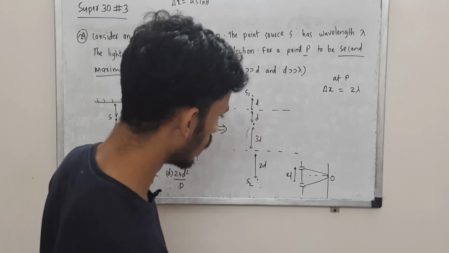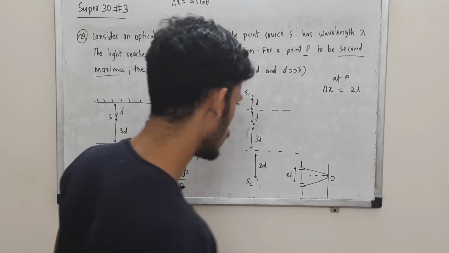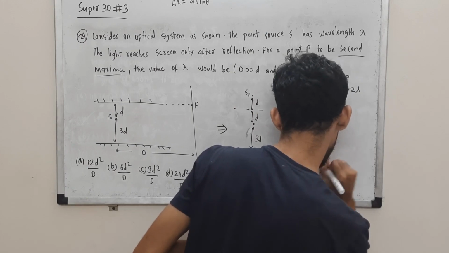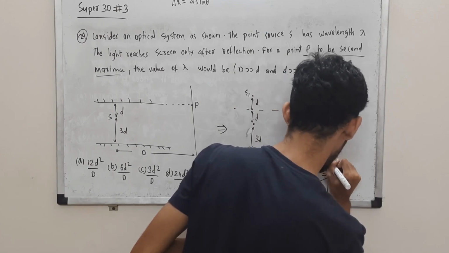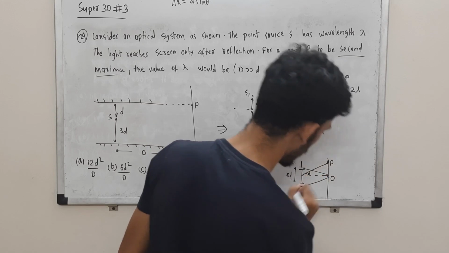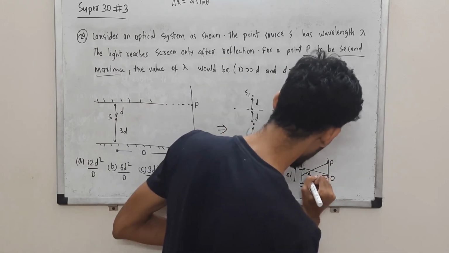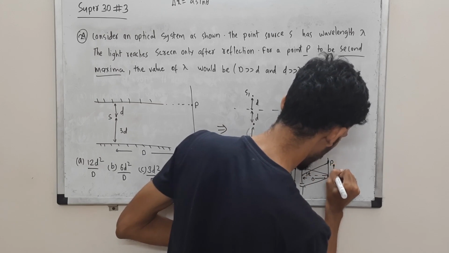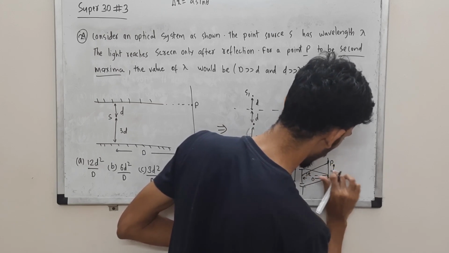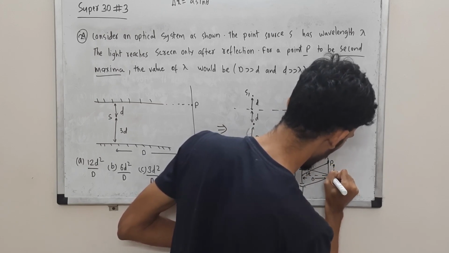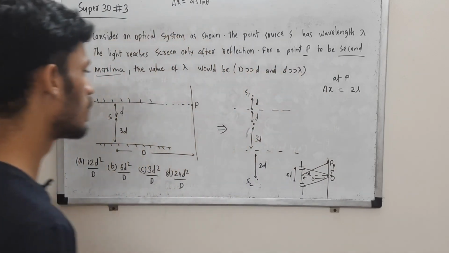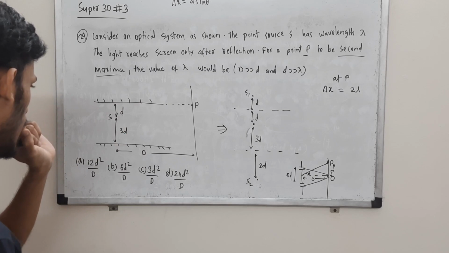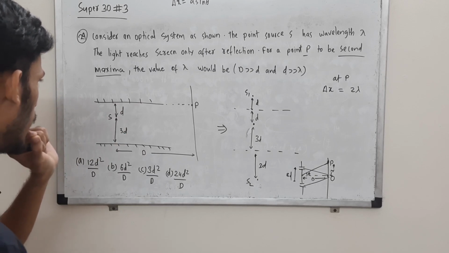So take any random point P over here, at angle theta. Here it is capital D, and here it is some y, which we are supposed to find now. This is point P.